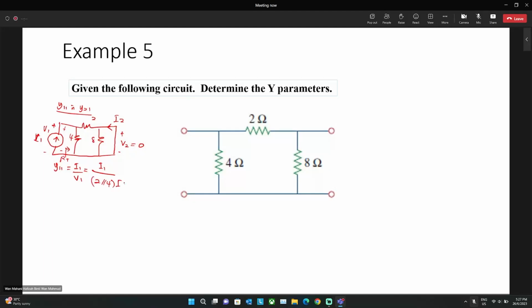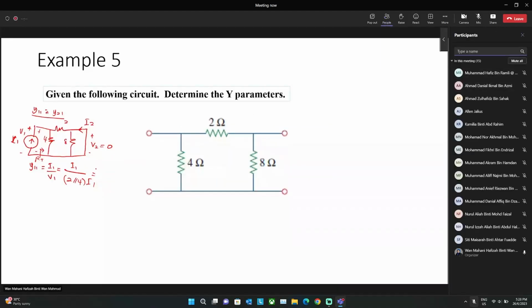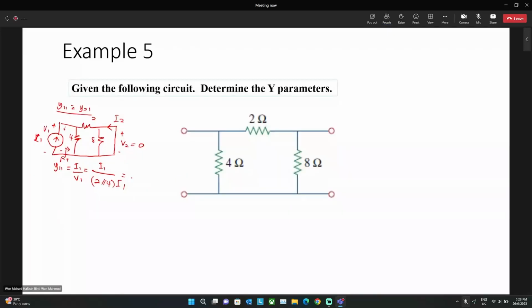Lepas tu darab dengan I1. That is the V1. So I1 you can cancel out, yang tinggal cuma 2 parallel dengan 4, tapi dia 1 per. Okay. That's why you boleh dapat equation ni 0.75 unit dia Siemens. Okay. Terus straight away dapat.